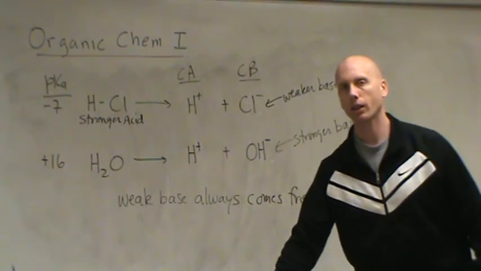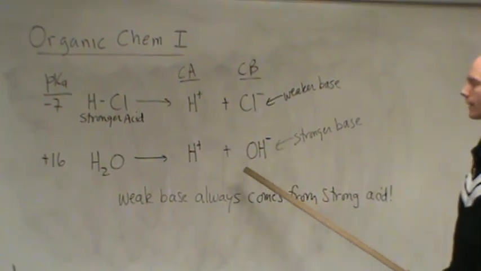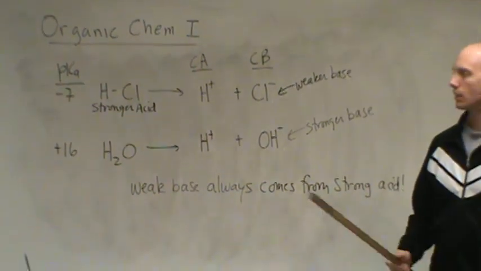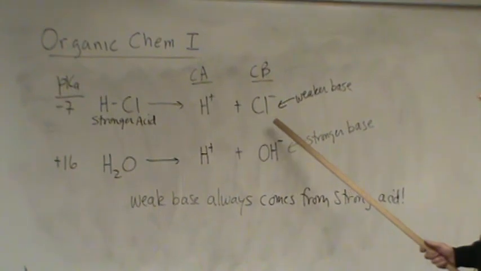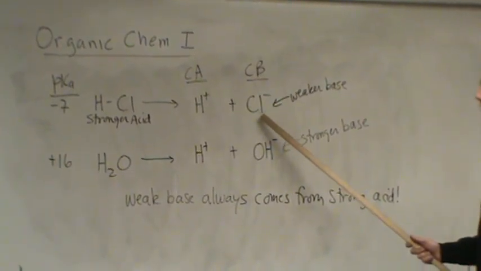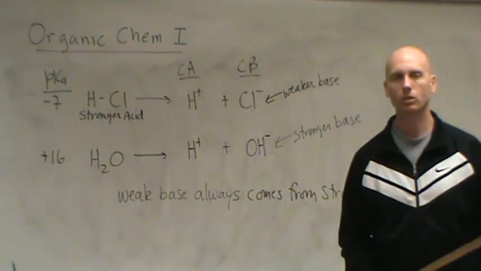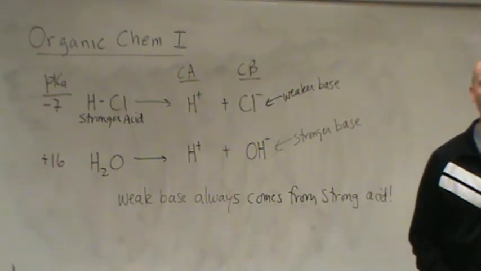You see, how could I have predicted that this was a weaker base than this by using the pKa values? Since I knew this was a stronger acid than this, then I know that its conjugate base will be weaker than that one. You see how that works? That's a very important fact to remember.